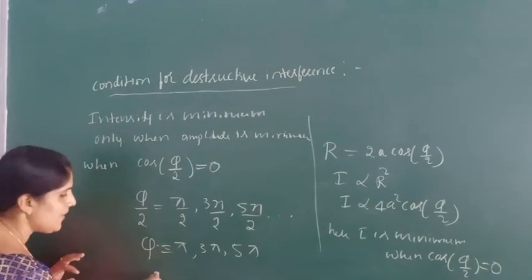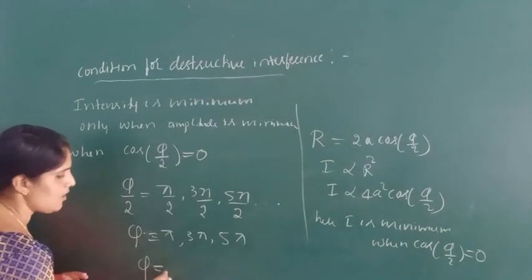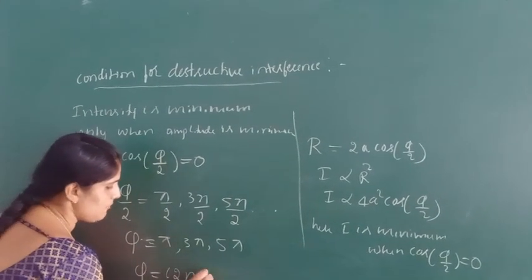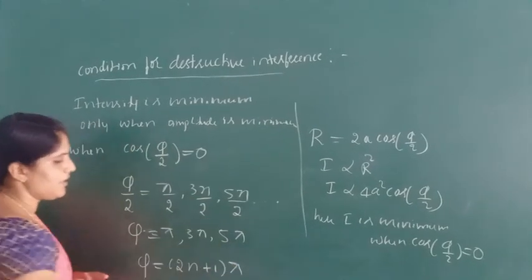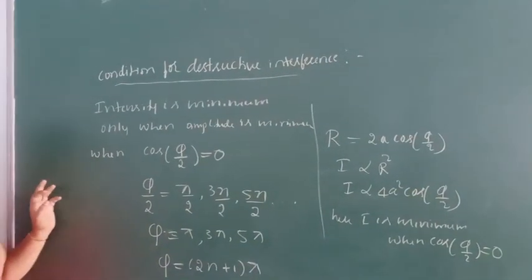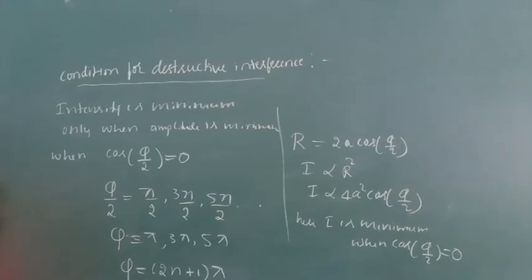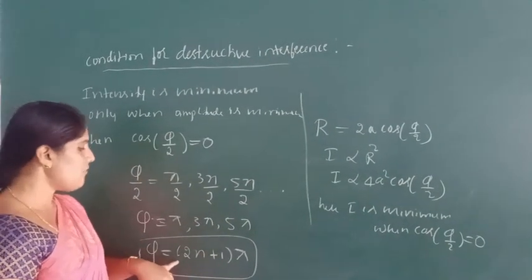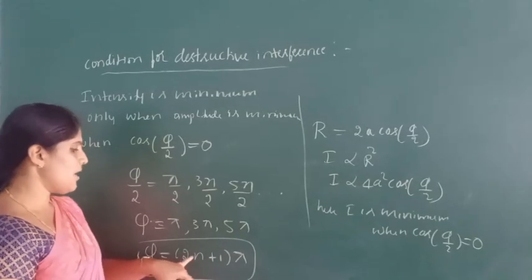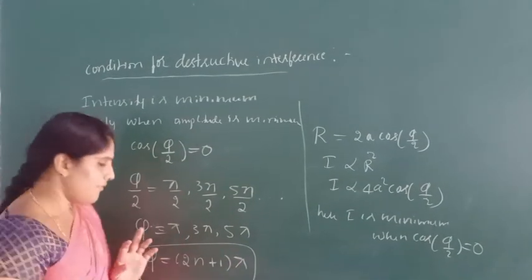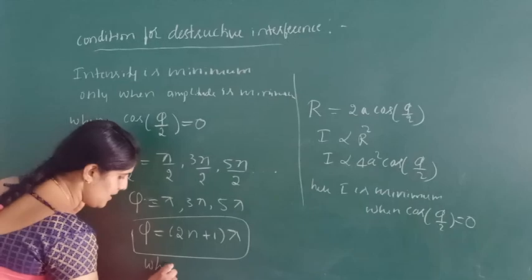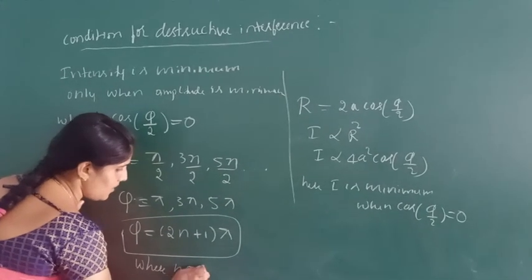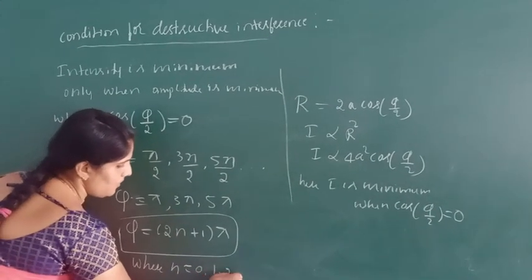In general, this can be written as phi is equal to (2n plus 1) pi. So this is the condition for destructive interference in terms of phase difference, that is (2n plus 1) into pi, where n is equal to 0, 1, 2, etc.